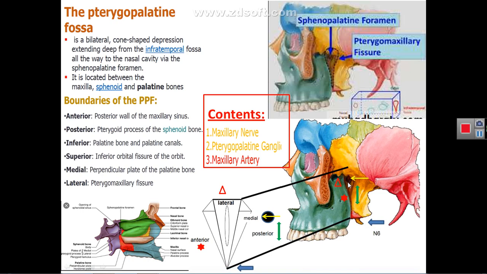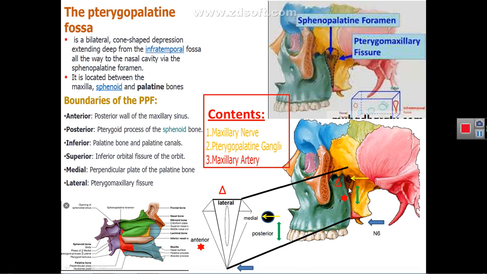Medially, as the arrow indicates, the depth of this fossa is formed by the vertical plate of palatine bone, which is separating the pterygopalatine fossa from the nasal cavity. And you can see that the tip of the yellow arrow indicates the sphenopalatine foramen connecting the pterygopalatine fossa with the nasal cavity medially. And of course, laterally, the lateral boundary of the pterygopalatine fossa is the pterygomaxillary fissure connecting this fossa with the infratemporal fossa.